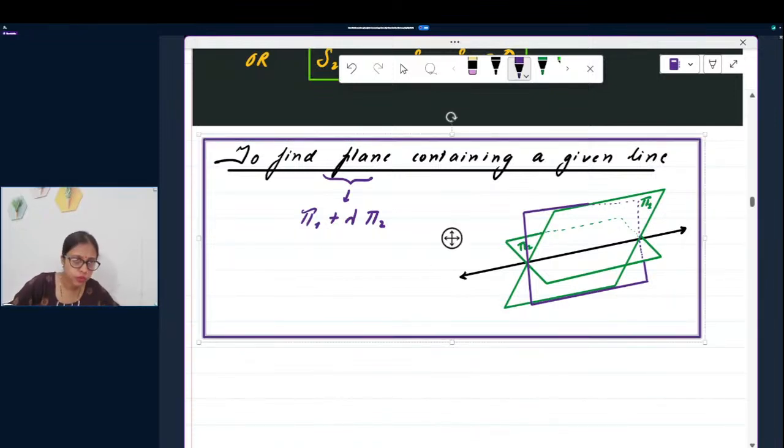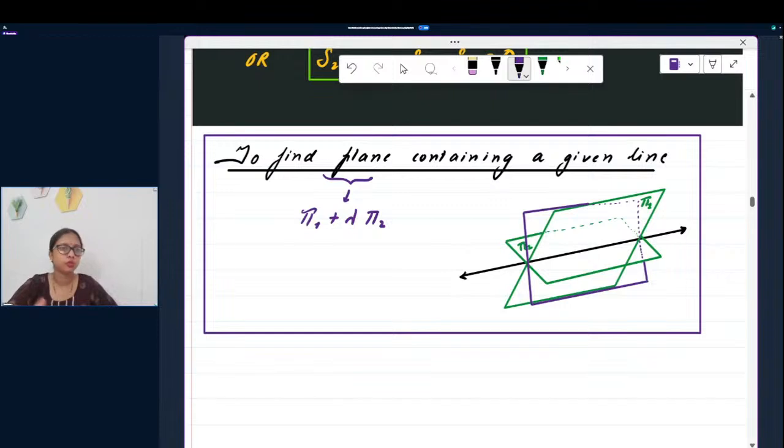What if the symmetric form is given? Change your symmetric form to general form. How? No, in that case, we have to go through this. If the symmetric form is given, then I know a point on the line, so it is easy.